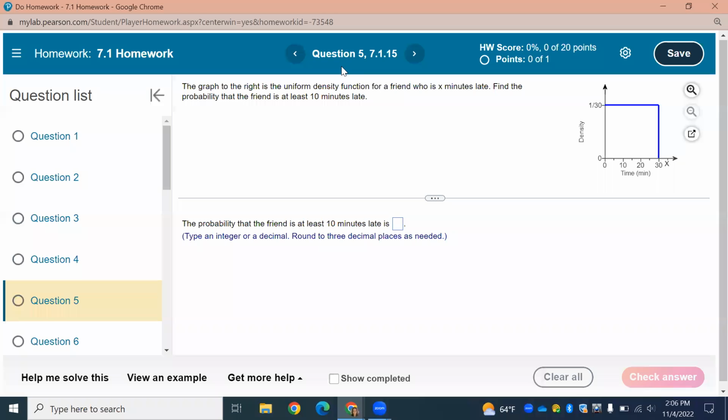Now it says, find the probability that the friend is at least 10 minutes late. At least means 10 or more minutes late. I'm a visual person, so I'm going to draw a vertical line from the top of the rectangle on my graph down to 10. We're talking about everything to the right of 10.